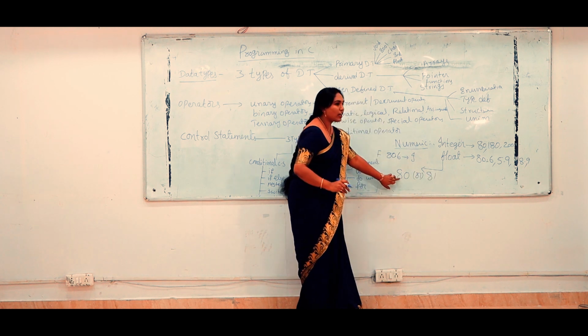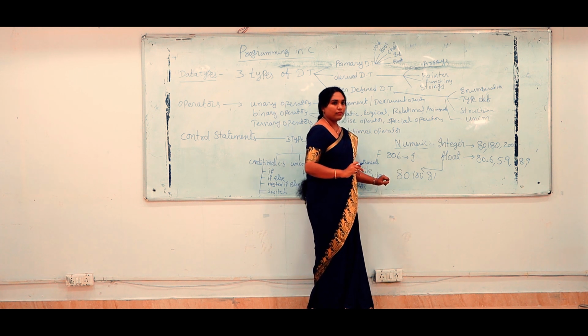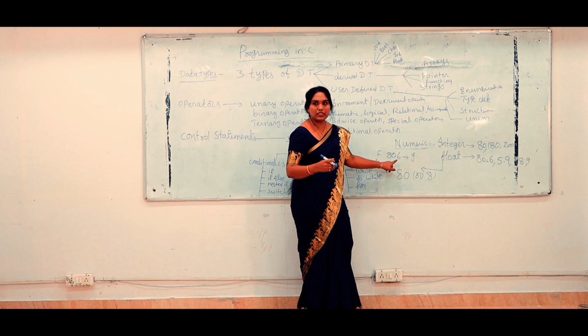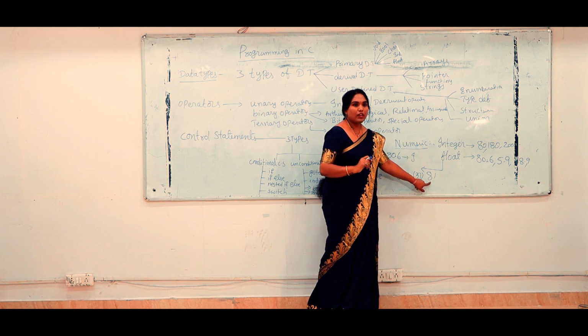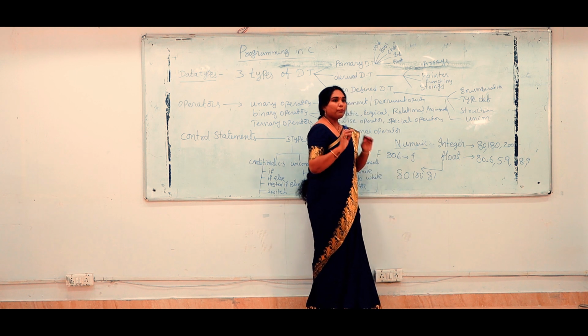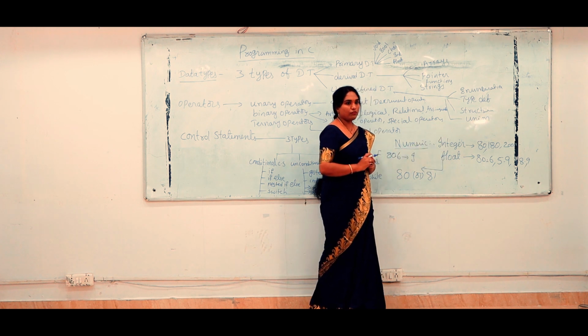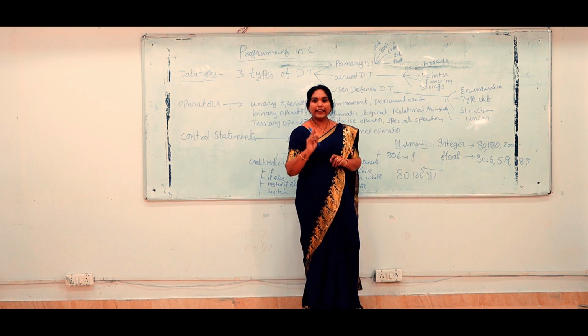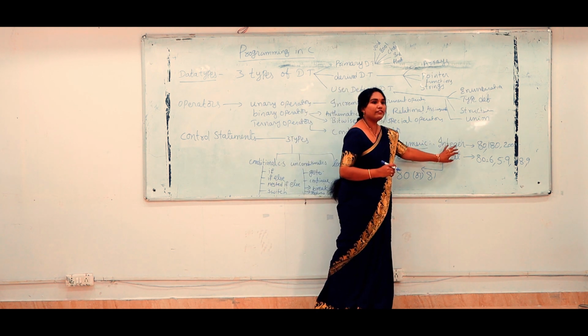If you want to write 80, you have to reduce the value by 0.6, that is, minus 0.6. If you want to write 81 as the integer value, you have to increase the value by 0.4, right? Because of that, float values are not converted into integer values. But integer values can convert into float.